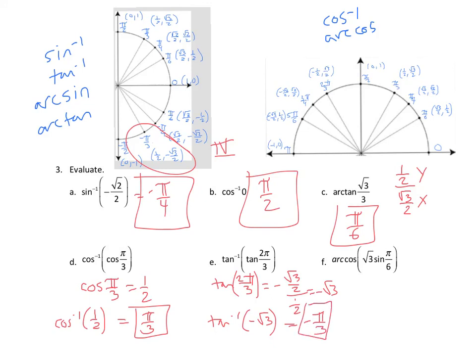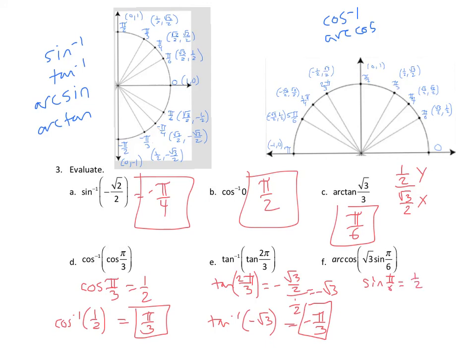And for our last example, first we start on the inside and we evaluate sine of pi over 6. Sine of pi over 6 is 1/2.